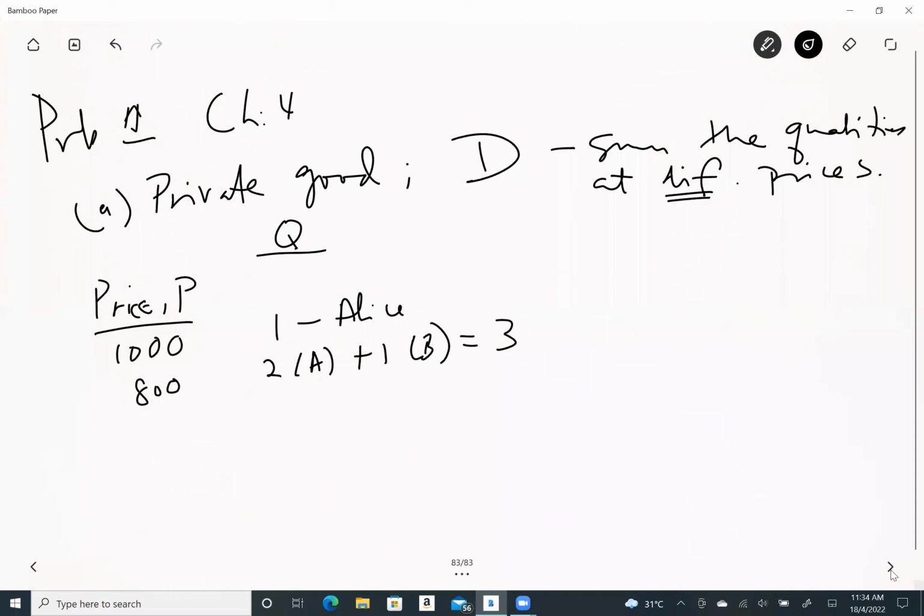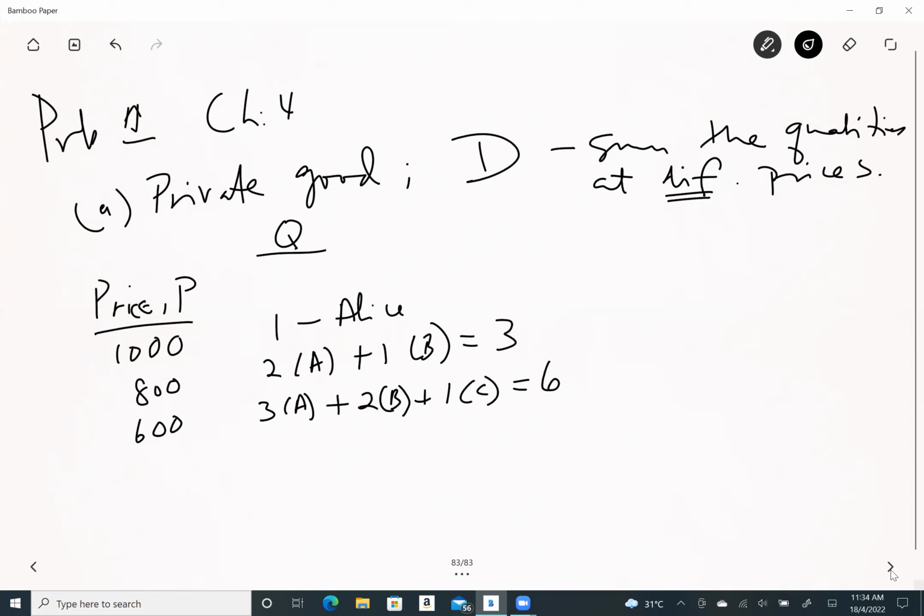Then the next price, we look at 600. So for 600, you have 3 for Alice, plus 2 for Ben, and then you add 1 for Caroline. That will be equal to 6. So you add up the other quantities as well.